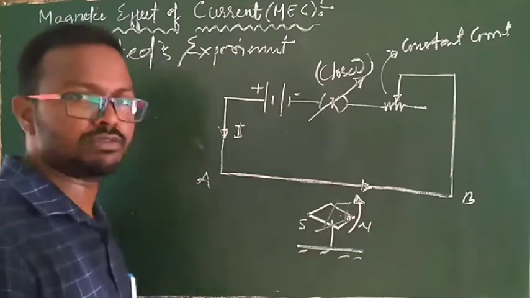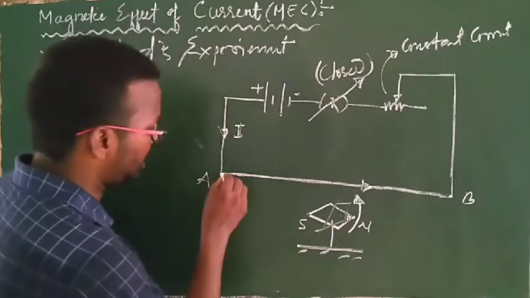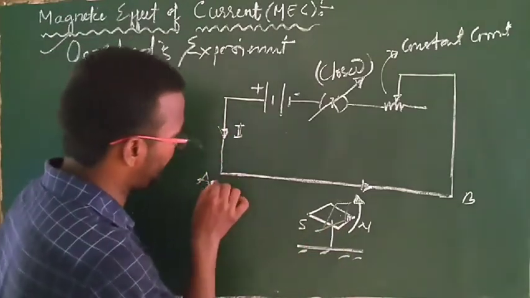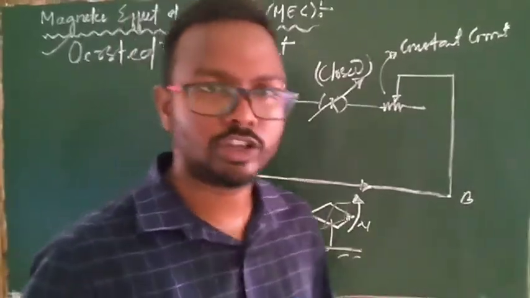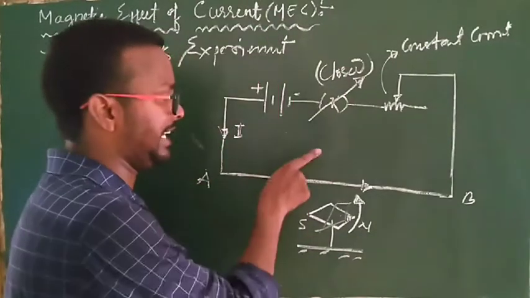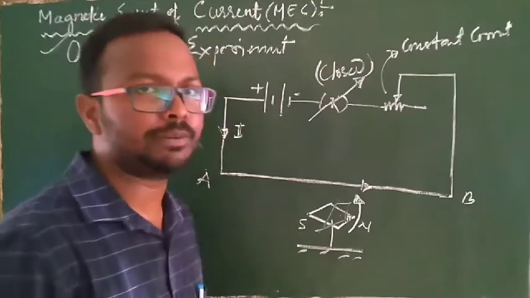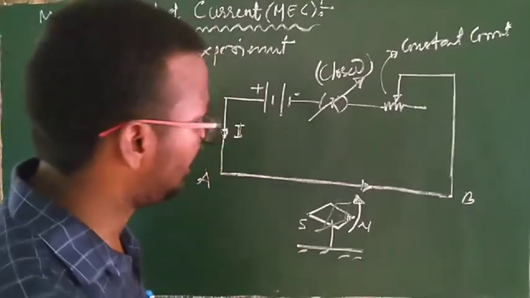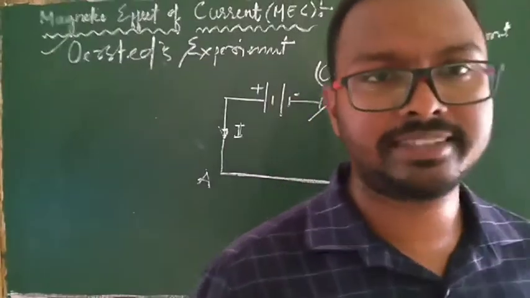This is the final situation of the magnetic needle. That means after current flows from A to B, the magnetic needle deflects, which concludes that a magnetic field develops around the wire, which shows deflection of the magnetic needle. Clear? This is all about Ørsted experiment.